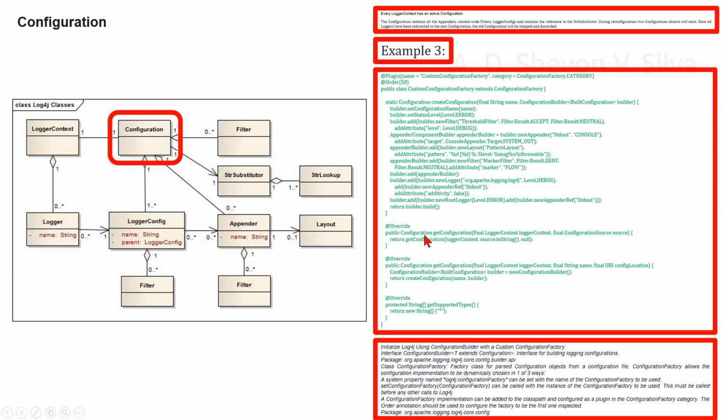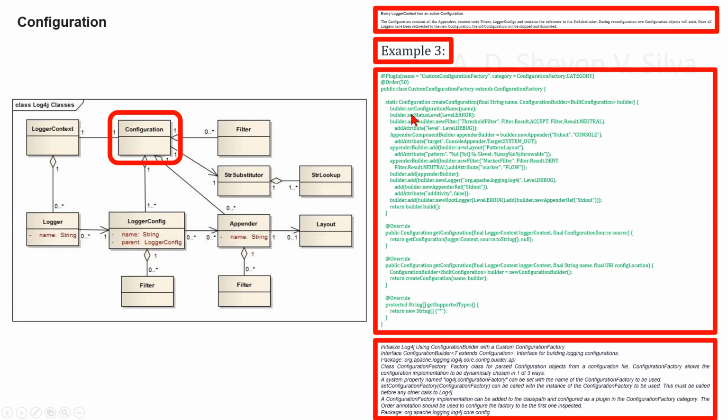This will cause the configuration to be automatically hooked into Log4j when the logger context is created. In this example, because it specifies a supported file type of asterisk, it will override any configuration files provided.